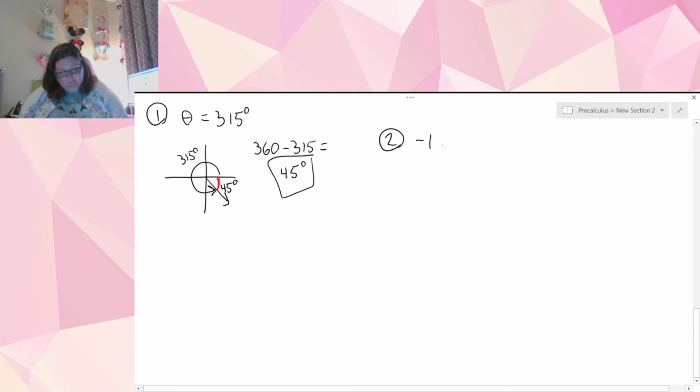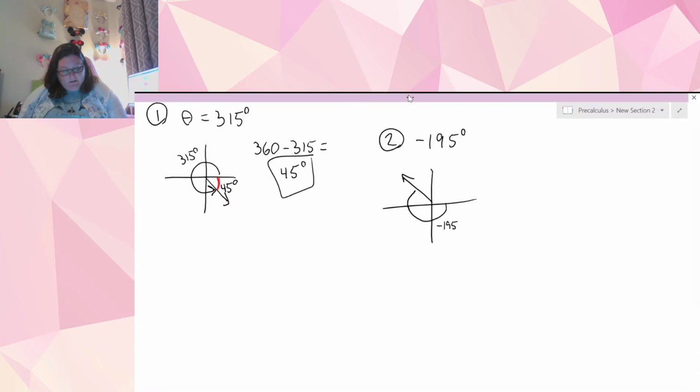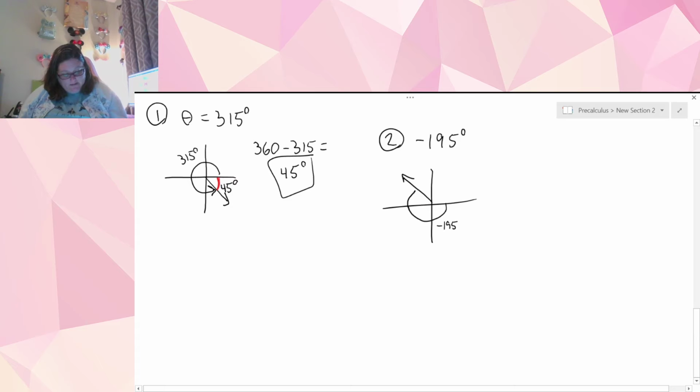Next one, we have negative 195. When we go negative, we go down from our positive x-axis. So that's going to be greater than 180, but less than 270. So this is going to be negative 195, that angle there. And my reference angle is from here to here. So I'm going to take 195 and subtract 180 from it.